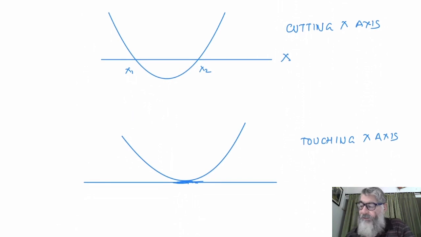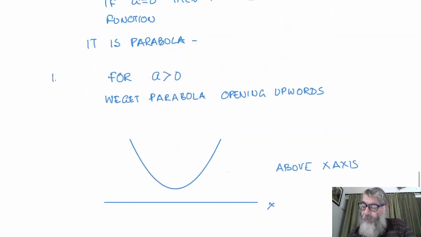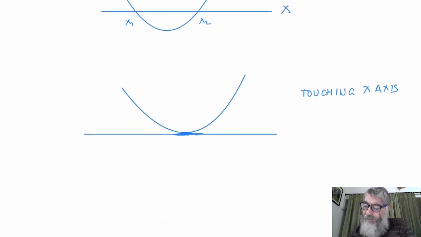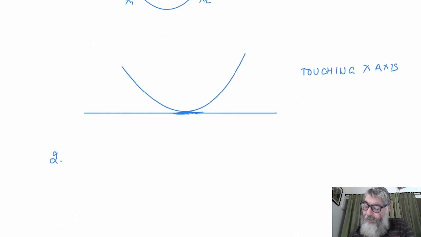Now let us see the second case. First case was a greater than 0. In the second case, a is less than 0. That means a is negative. In the function y is equal to ax square plus bx plus c, which is a quadratic function, if a is negative, then what happens? Again, the three kind of things will happen.